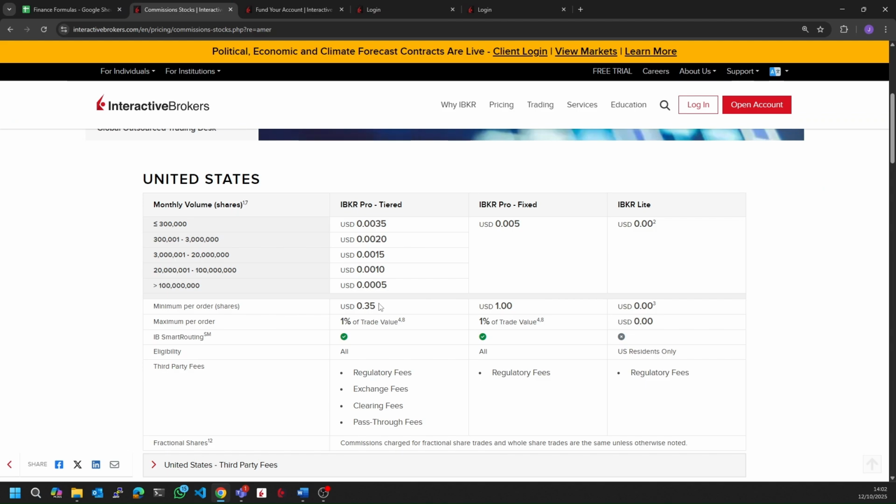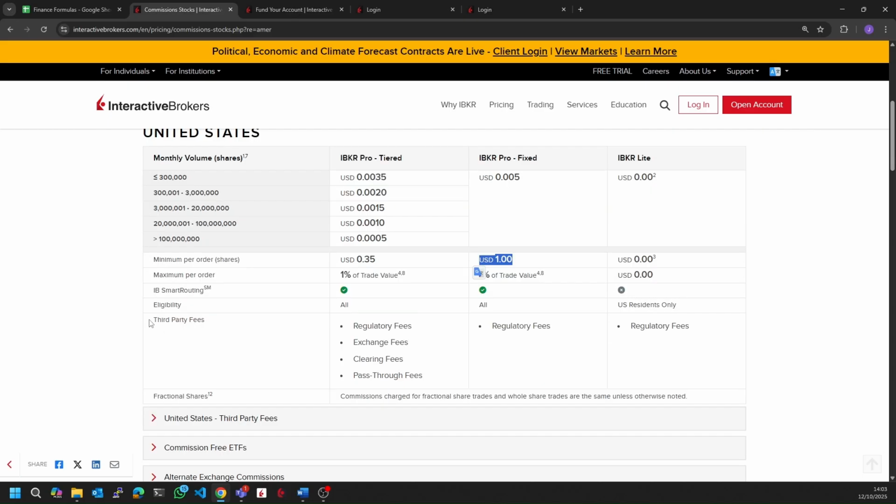Here you pay a minimum of 35 cents, and here you pay a minimum of $1. And again, this minimum applies only to Interactive Brokers commissions. Plus, you have some other fees, for example, third-party fees. And you need to consider that for the tiered structure you have more fees, and for a fixed tier you have fewer fees.